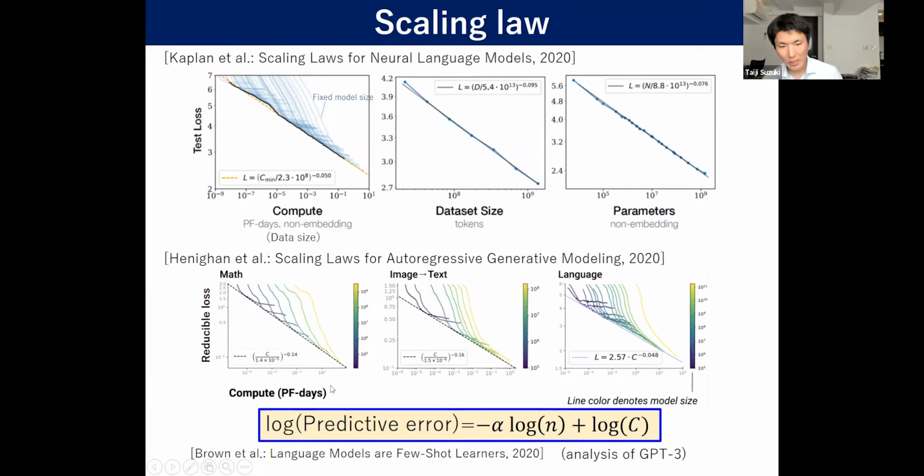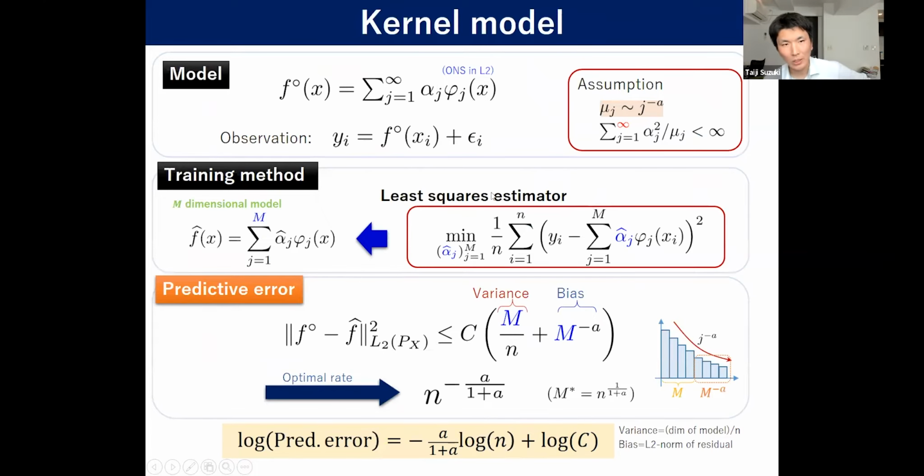We tried to explain this by using a very classic simple model. Let us consider a linear model given by this. This is a kind of kernel model. Here phi j is a basis function, and the true function f naught is a linear combination of these basis functions. We consider this noisy observation model.